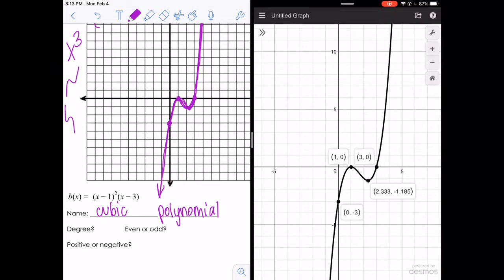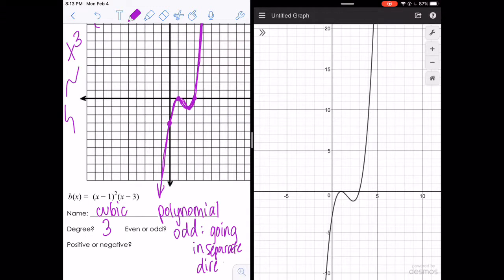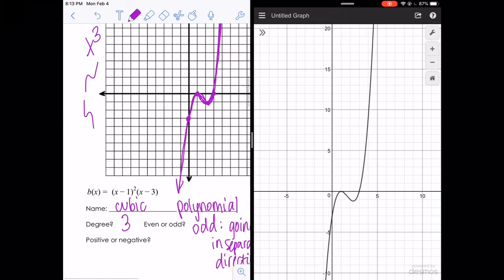In this case, my degree is 3, because it's x to the third, which is an odd number. And since that's an odd number, it means that one's going up and one's going down. So they're going in separate directions. And in this case, I can also see that this one is positive.